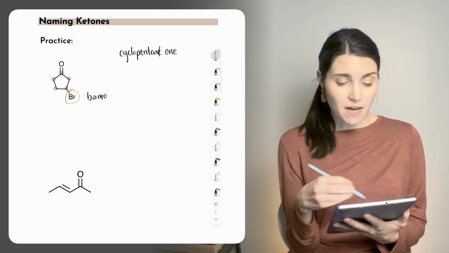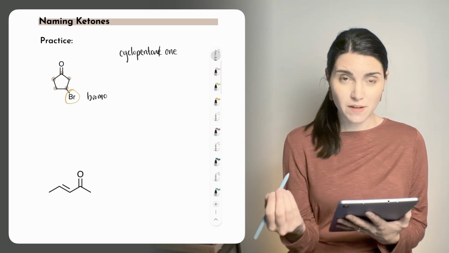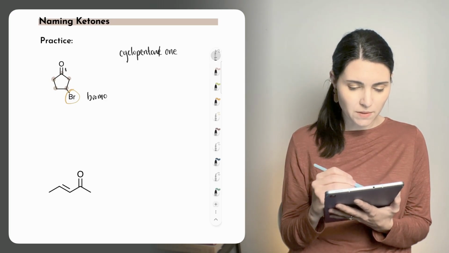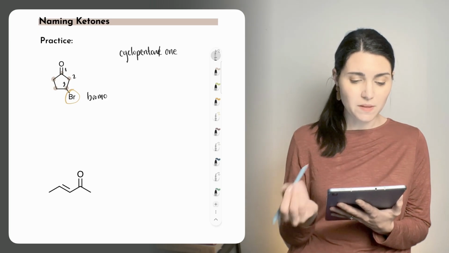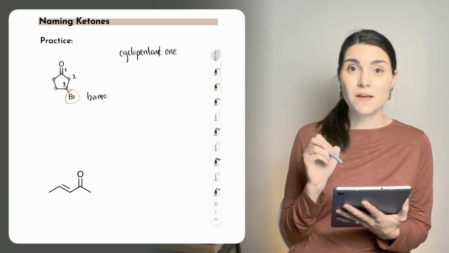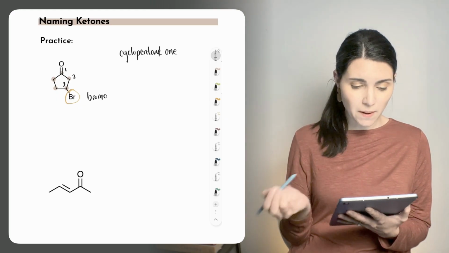And we're going to have to add our numbering. So we're going to favor that carbonyl carbon for getting the lowest number. And because it's a ring, we can give it 1 because we can decide where 1 goes. So 1, 2, and the bromo will be 3. Hopefully you can notice that if I had numbered the other way around on the ring, the bromo would have gotten 4. So 3 is better.